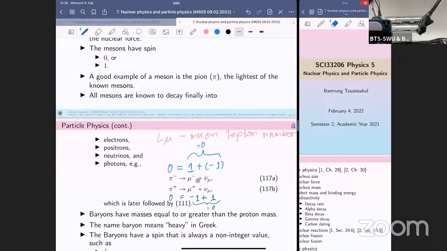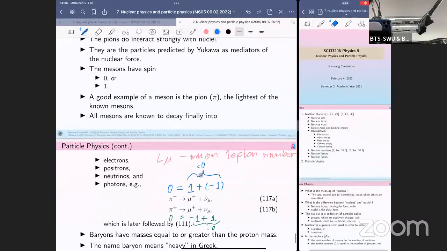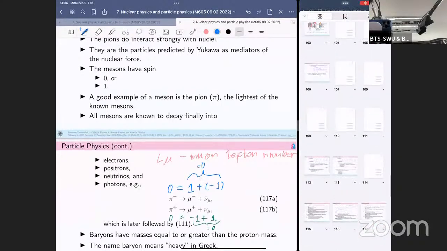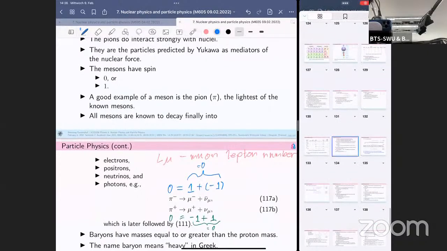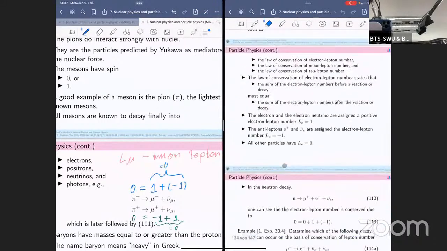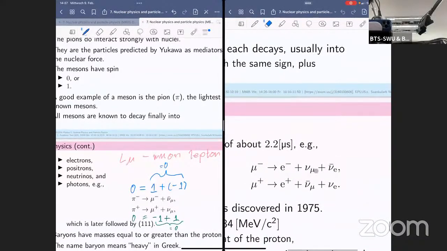And after that, the muon minus and muon plus will decay. Once the pion minus decays to muon minus, the muon minus will decay into an electron, a muon neutrino and an electron antineutrino.